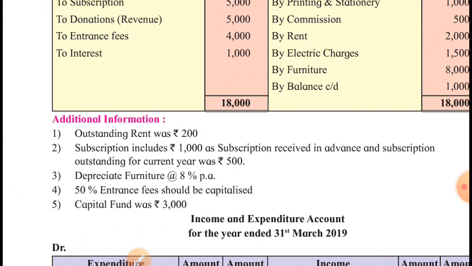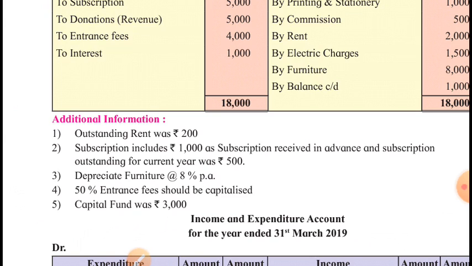The second adjustment is on subscription. What is it? Subscription includes rupees 1000 as subscription received in advance. Subscription received in advance means this year we have received rupees 1000, but not for this year, it is for the next year.